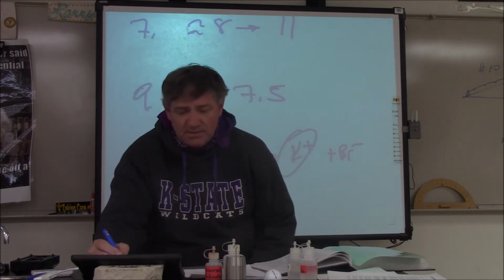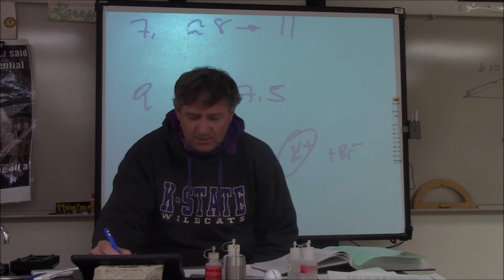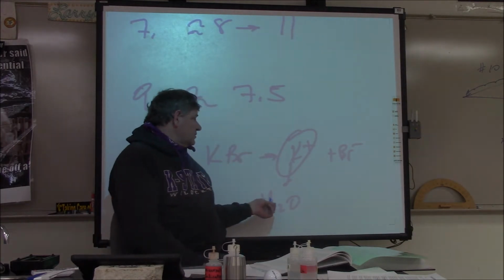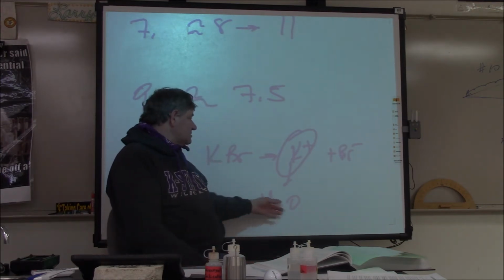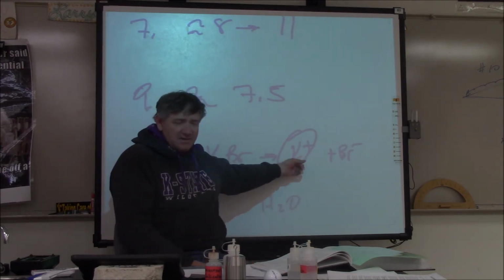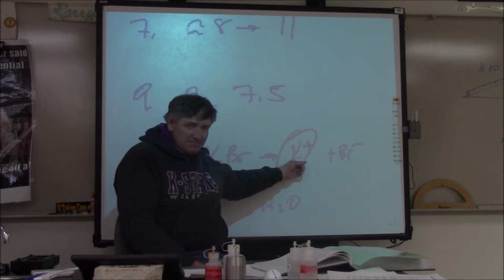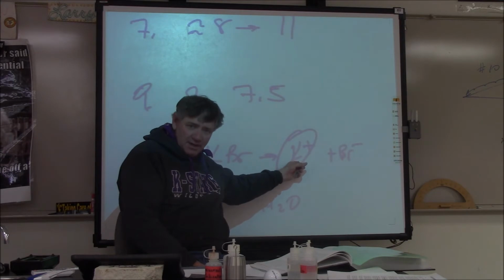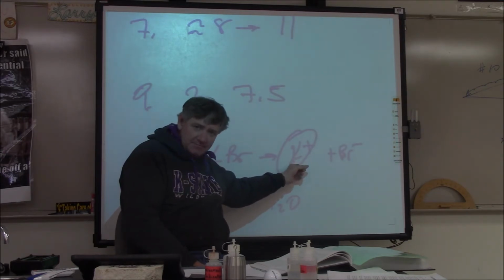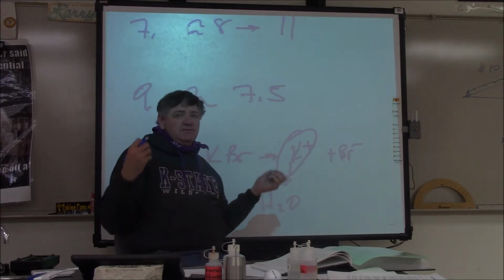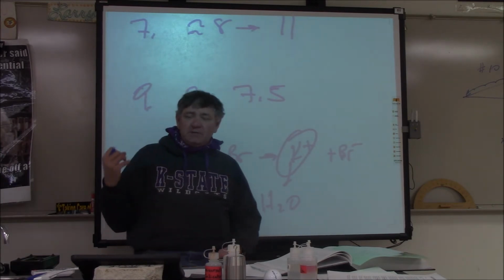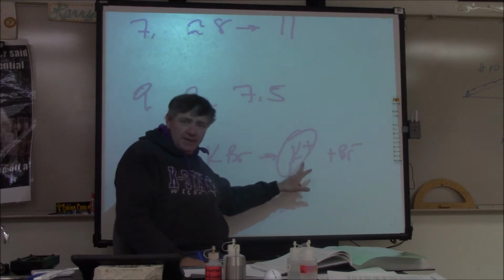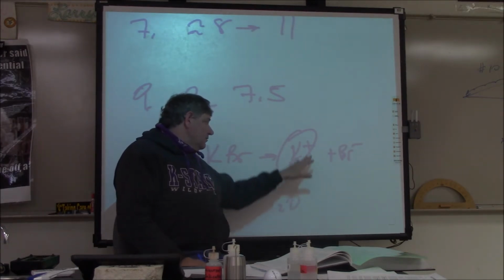Well, there's no way the potassium is going to give up a proton to the water and form H3O plus. The proton is completely locked up in the nucleus of this potassium. There is no way you're going to get that proton out of there. It's not going to happen, because if you did, it would literally take a nuclear reaction. You would have to overcome what's called the binding energy, which holds those nucleons together. Not going to happen. So no.